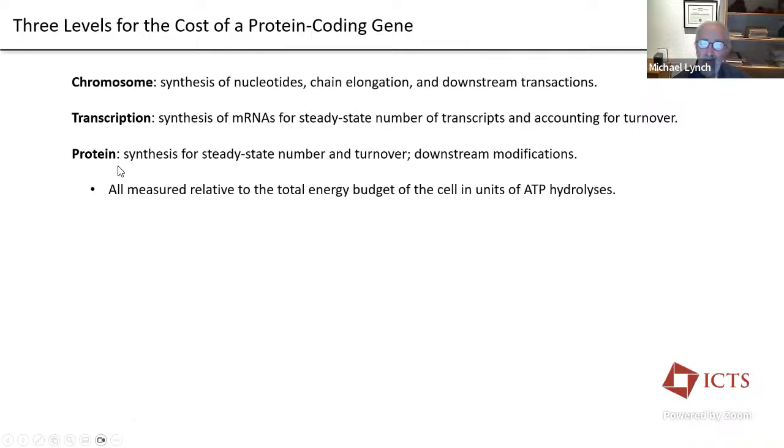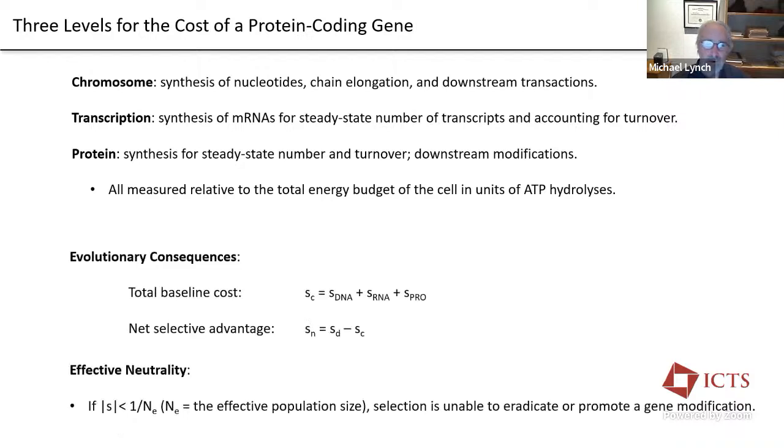And at the protein level, we have the same thing. We have turnover of proteins, although this is much more slow than it is for mRNAs. But again, we have to now account for the synthesis of all the amino acids that are strung together in the proteins. There can be downstream modifications of proteins and so on. And we want to sum all these 3 levels of cost together in terms of ATP hydrolysis equivalents.